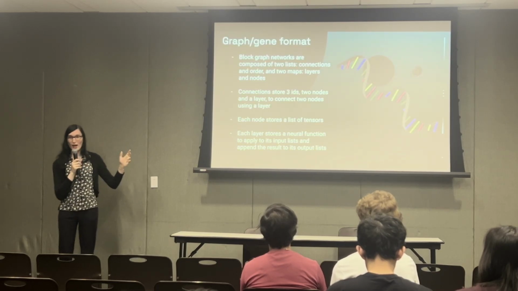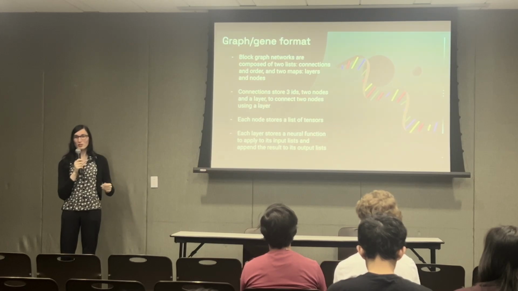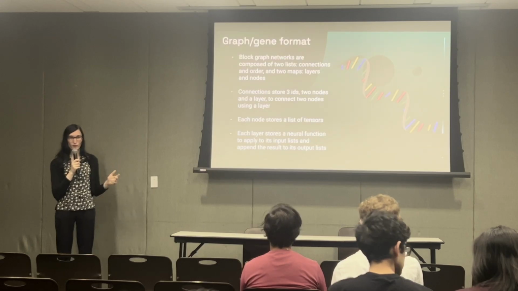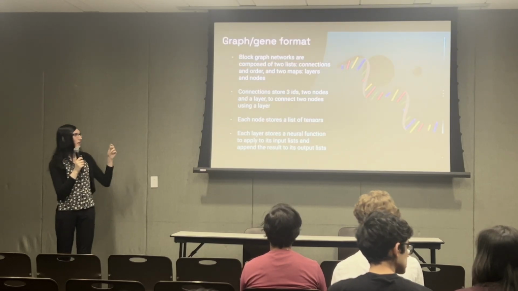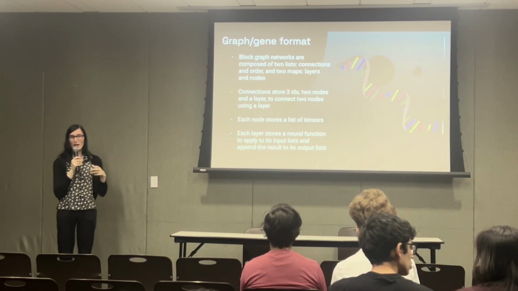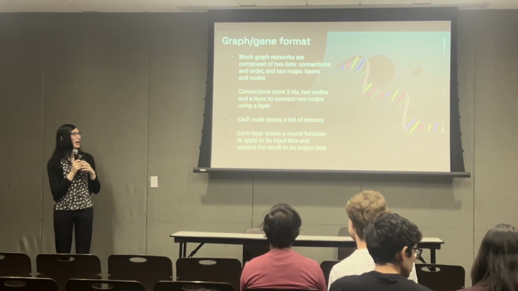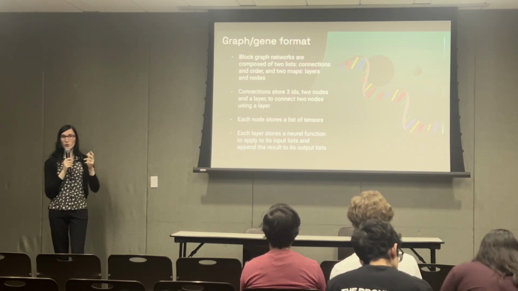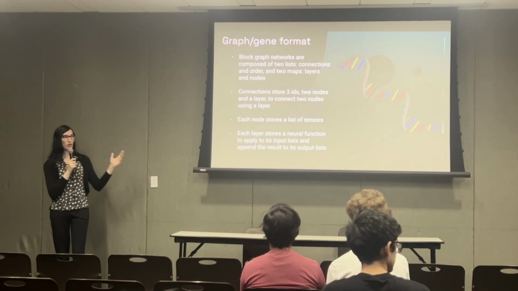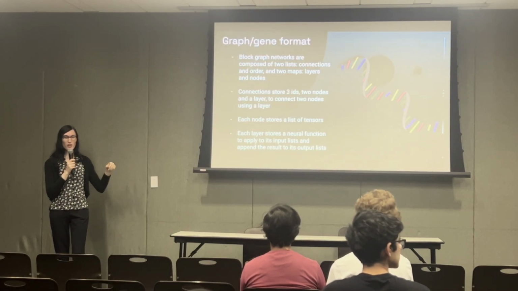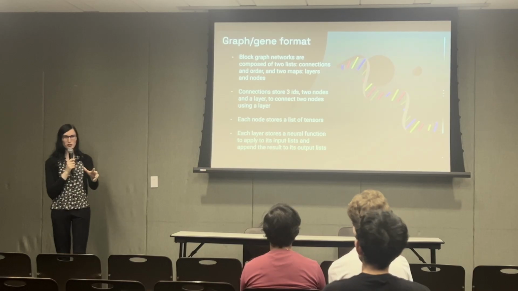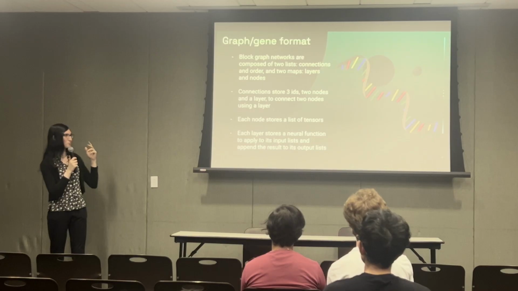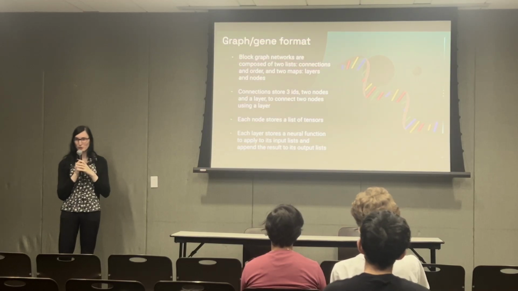Each connection has 3 IDs, one for the input node, one for the output node, and one for the layer. Each node can have a list of tensors, and each layer has a neural network function, and when it's applied to some input list of tensors, it will process those and append the output to the output list of tensors.